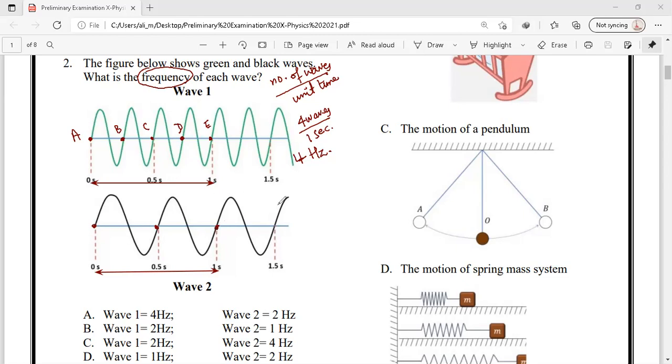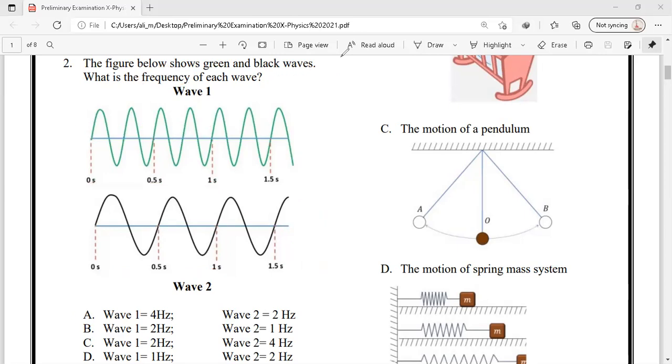So overall, we have 2 waves in this diagram, 2 waves divided by 1 second. So the frequency of this wave becomes 2 hertz. So let's see the correct answer. We have 4 hertz in wave 1 and 2 hertz in wave 2. So the correct answer is option A.